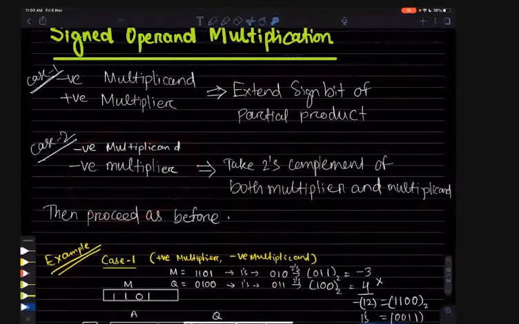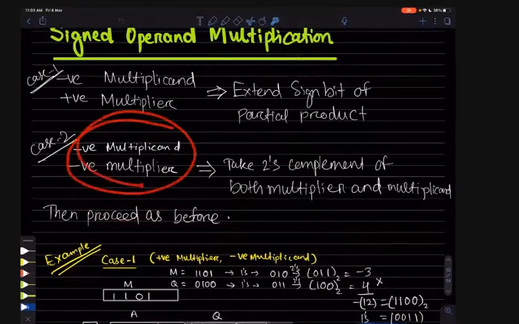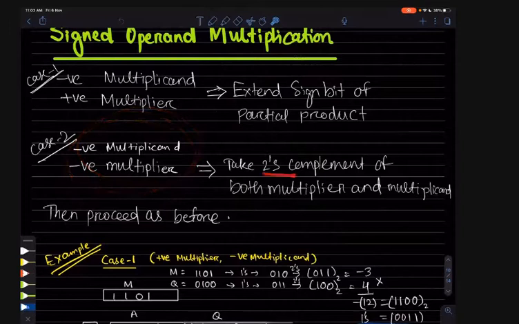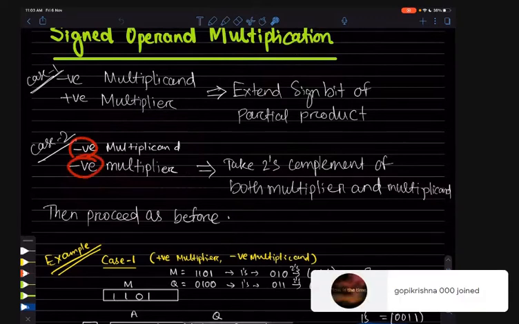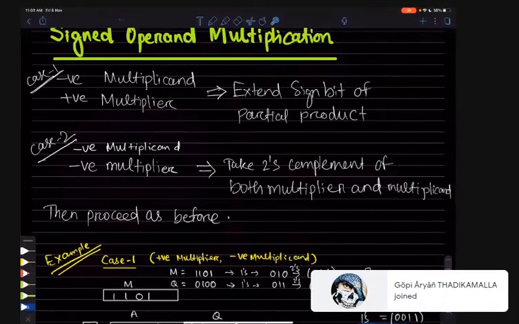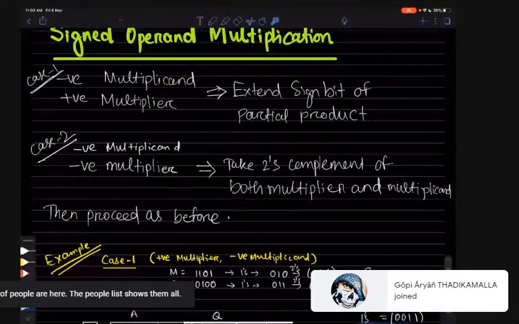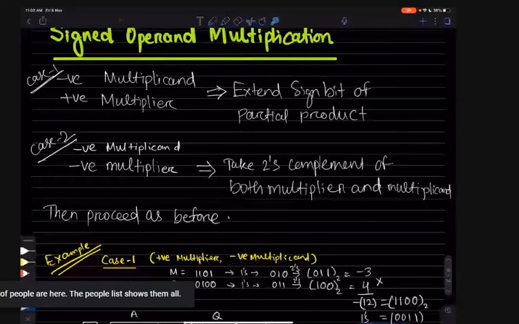Here, if we convert these two into 2's complement representation, then obviously we are converting the negative numbers to positive numbers, and then doing the multiplication. Because you know, if you multiply two negative numbers, the output will be a positive number.